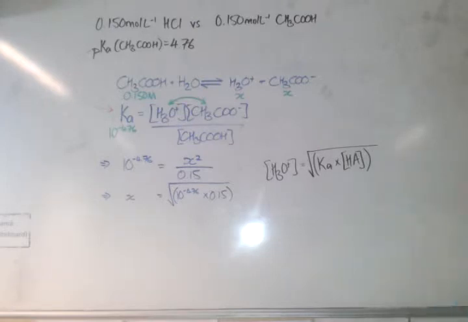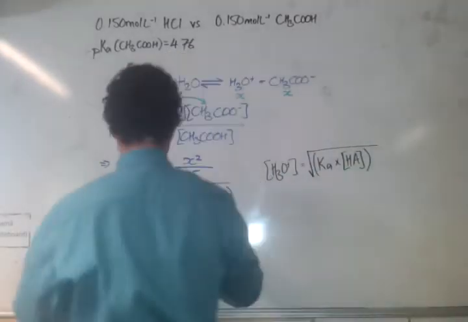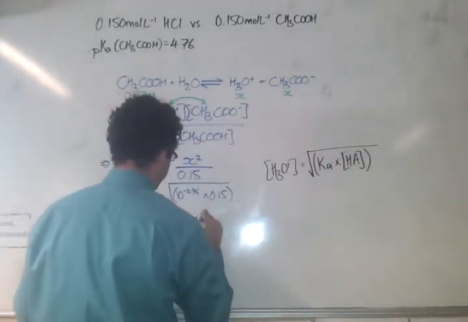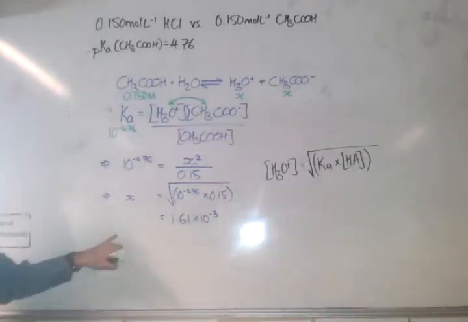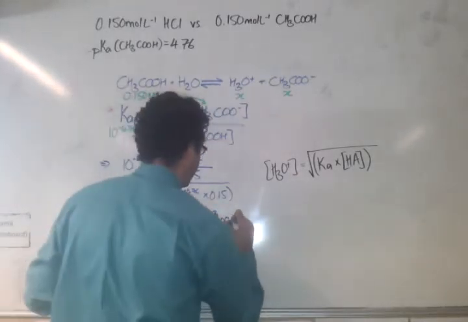So when I solve this, I do that now. I get the x squared is 2.61 times 10 to the negative 6, so therefore x is 1.61 times 10 to the negative 3. Now this is a concentration, so I have to remember my unit is moles per litre.